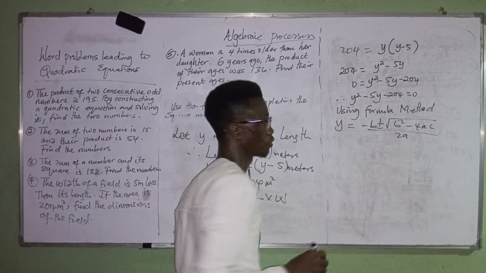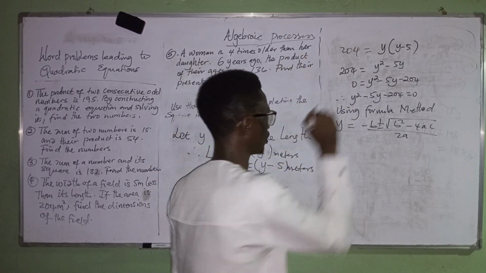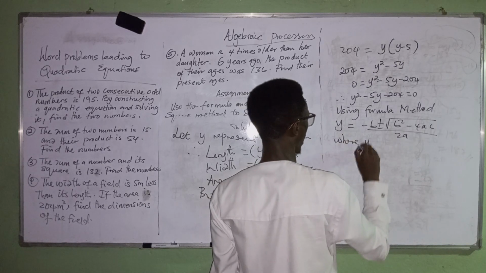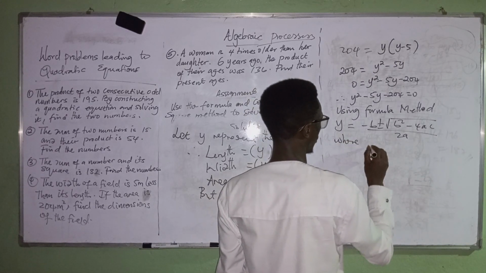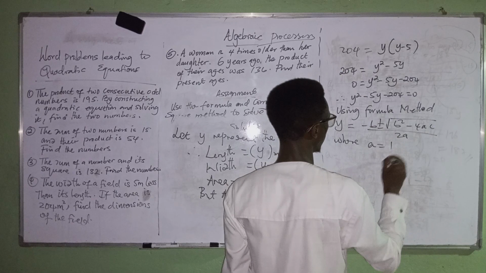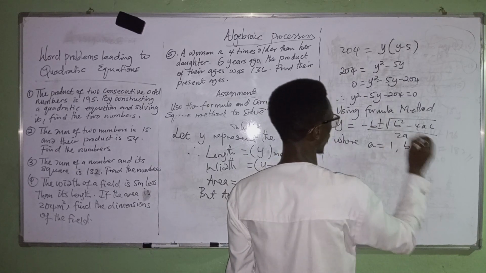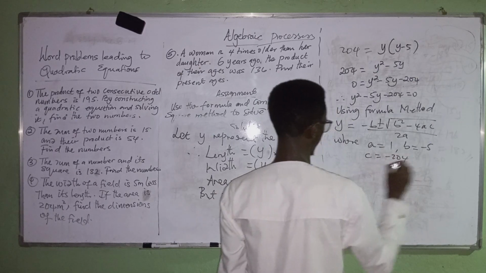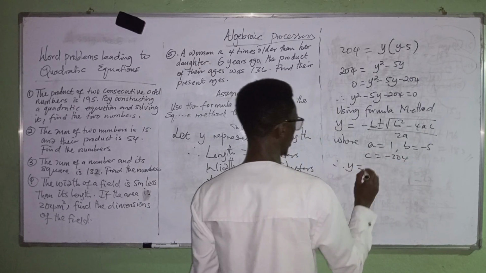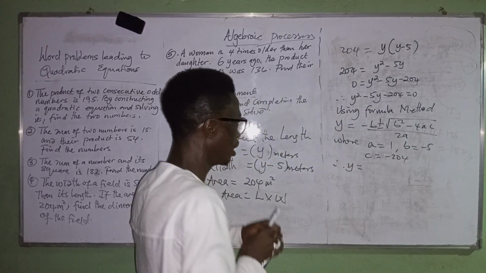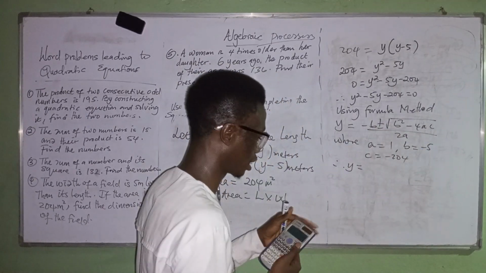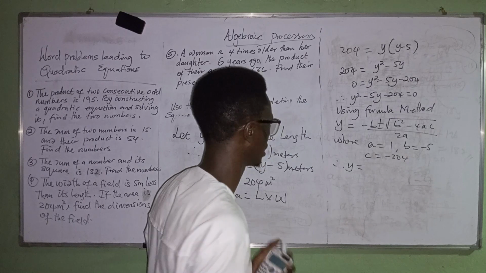Okay, so this time around I'm just going to use the calculator, everything, for me to get the answer. So a is equal to 1, your b is equal to minus 5, and your c is minus 204. So therefore my y is now going to be, you can actually put it inside the calculator and get your answer.